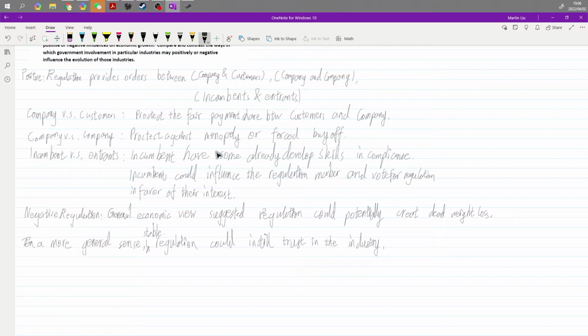For example, I think it's called the empty houses tax. Essentially it says if you are not using the house, you need to pay additional taxes.